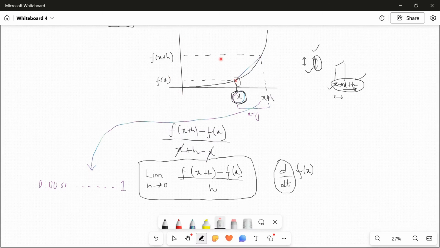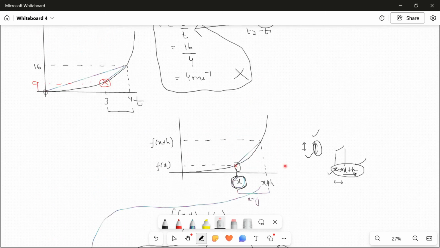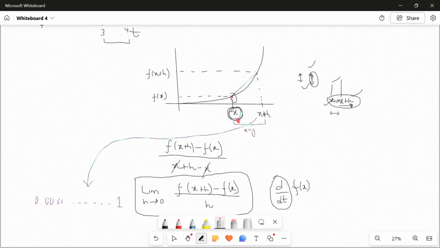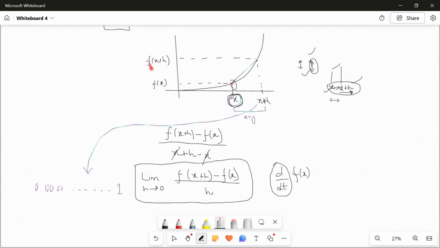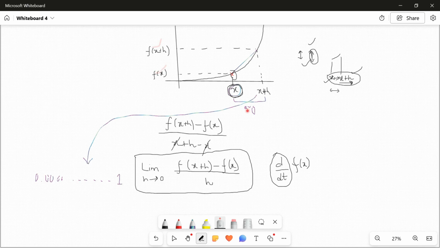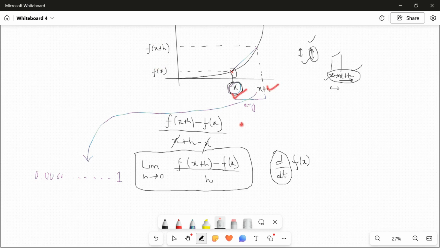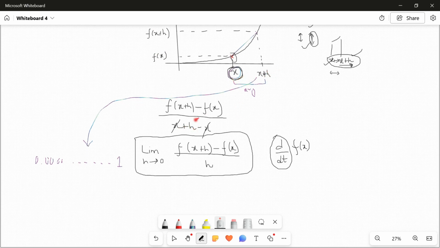Now, if I ask you, what is the average change between these two quantities, since we just discussed the definition of average change? So you will do, okay, your change in y was f of x plus h minus f of x, your final minus your initial. Similarly, for the x-axis, your final minus your initial, which was x plus h minus x.